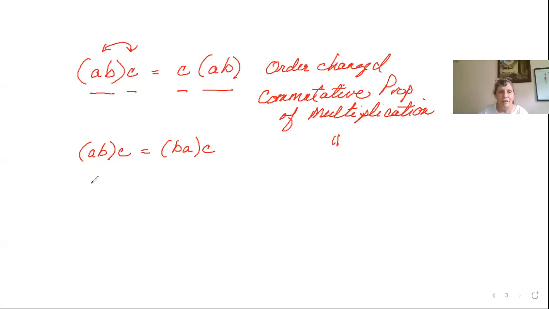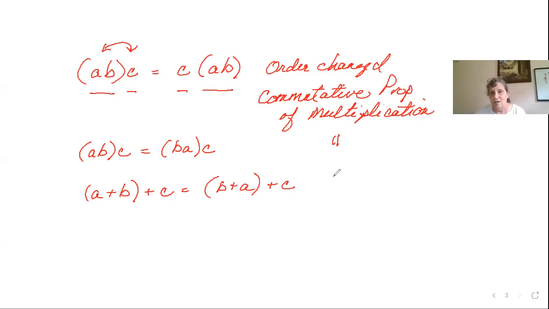What if we had A plus B plus C equals B plus A plus C? What changed? Did the things that were in the parentheses change, or did the order change?